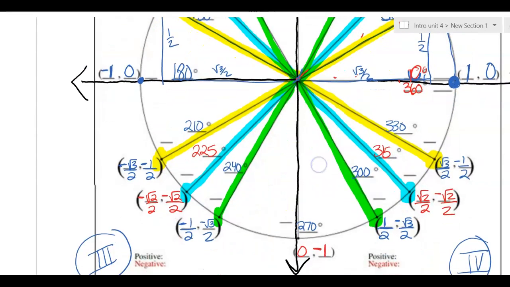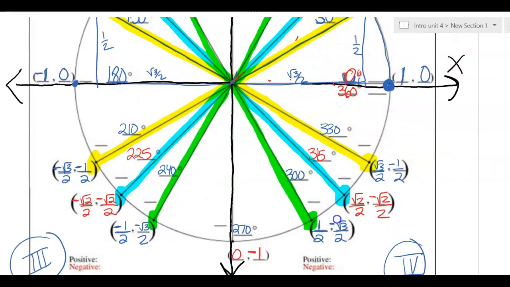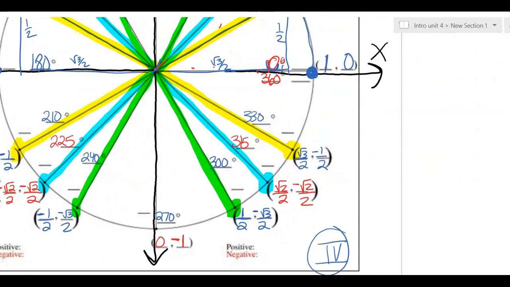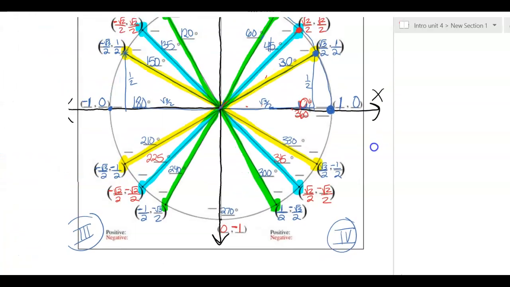Everything that's plotted in the third quadrant, down here, should have a negative x and a negative y. That's how you would plot a point in the third quadrant. Okay. Everything in the fourth quadrant over here on the lower right-hand corner should have a positive x, but then a negative y. Is this all right with everybody?